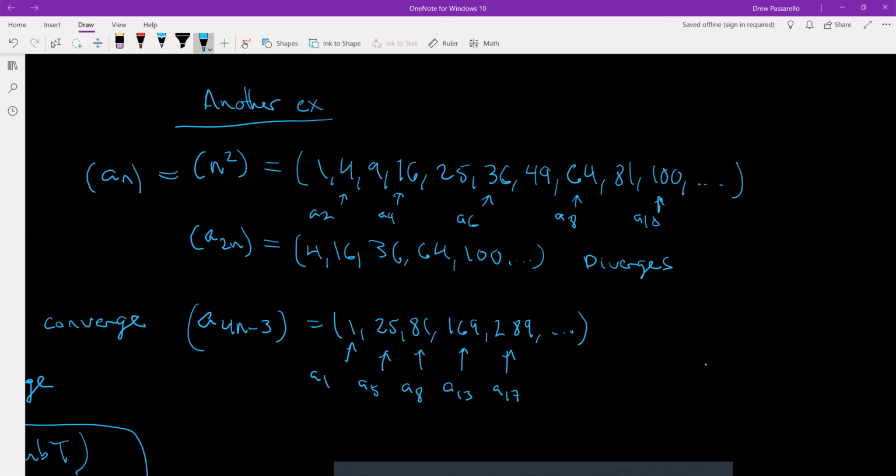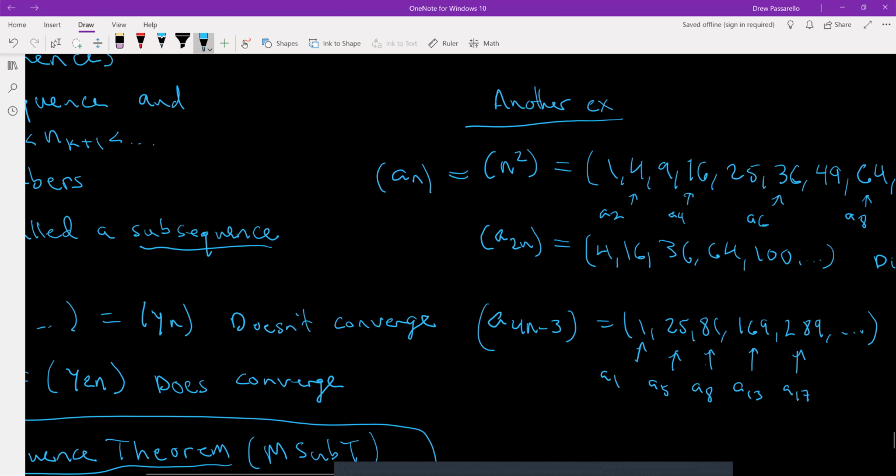So that's just another example of a subsequence where you pull with the indices 4n-3. All right, now see that diverges too. So those are just some examples of subsequences.